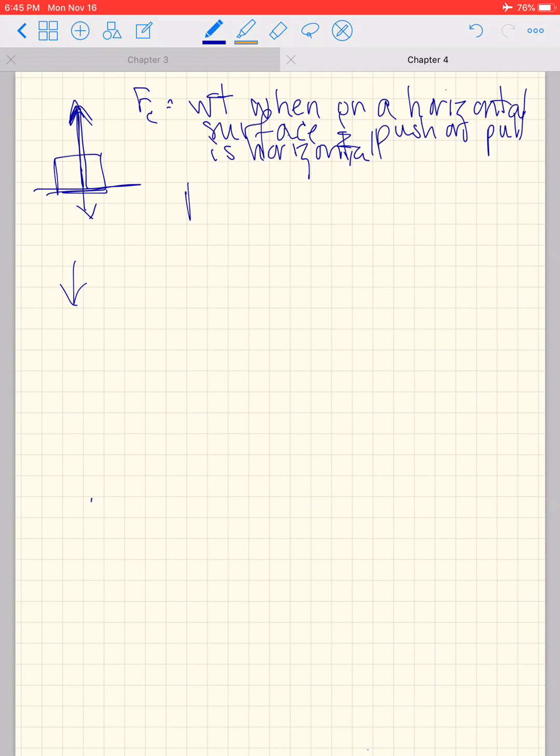So if I have a box here and I'm pulling it here, everything is horizontal. In this case, my force of contact is equal to weight.